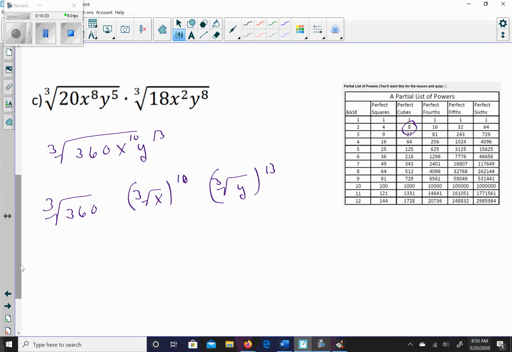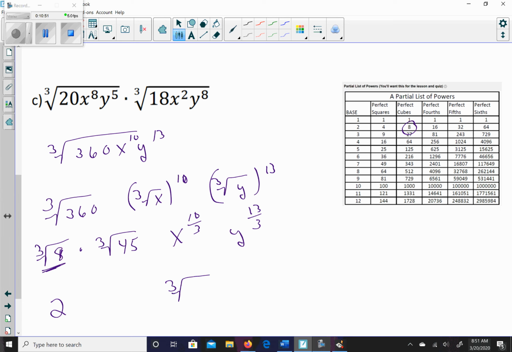So that's going to be the cubed root of 8 times the cubed root of 45. That's an 8. Then here, rewriting these as fractions, this is going to be x to the 10 thirds, and y to the 13 thirds. This becomes a 2. Then over here, I'm going to start my radical.